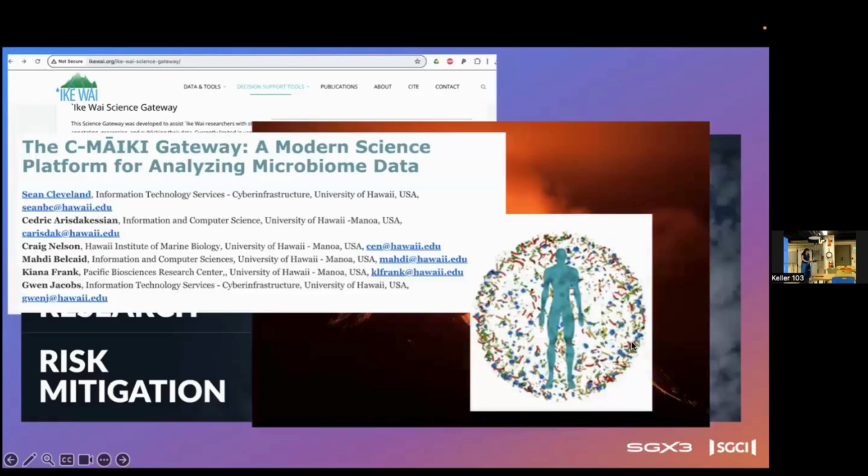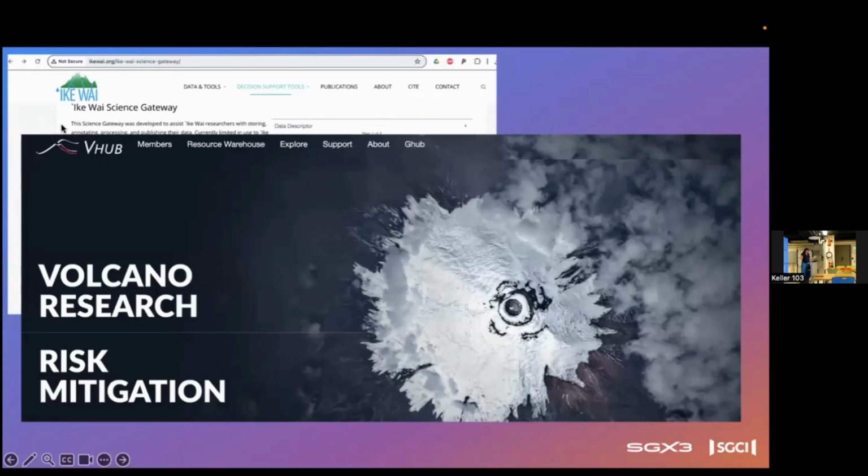Or you could be interested in volcano research. That is also near to your heart, I would assume. So that is a science gateway that has data about volcano research, about risk mitigation, about researchers coming together online to exchange knowledge about volcanoes.